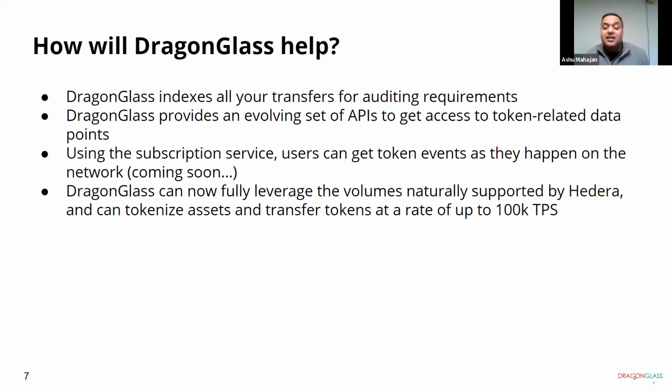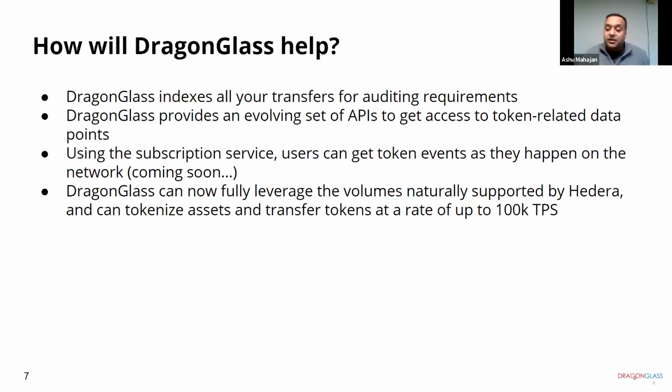So how does DragonGlass help in this case? DragonGlass currently indexes all the transfers that happen on a token. It indexes everything. DragonGlass also provides the APIs to access that token-related data. Apart from the token data, along with all its attributes, we also store all the transfers, so you know what token was transferred to which account.